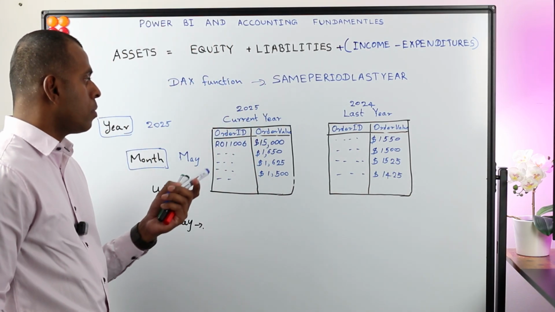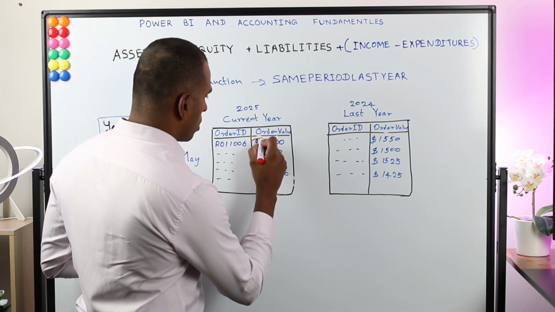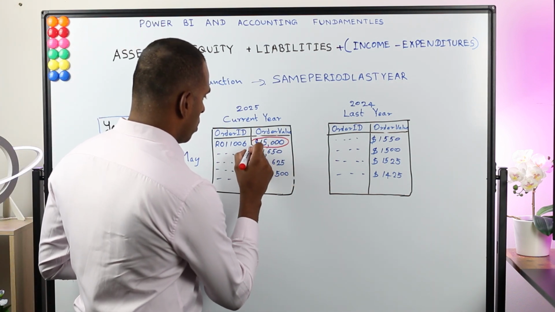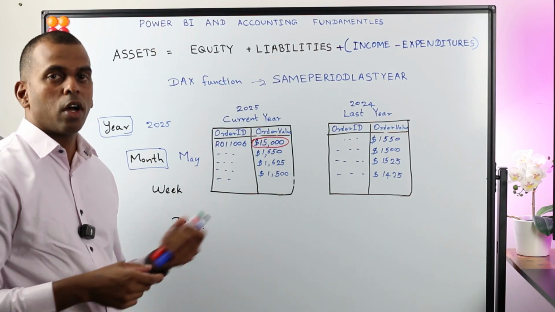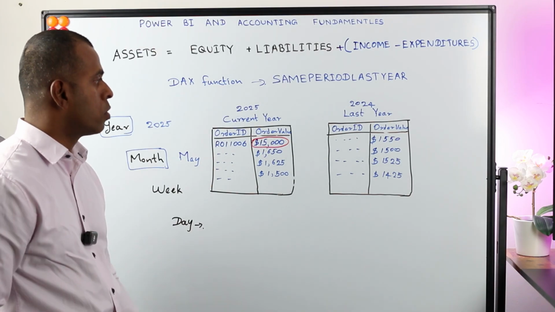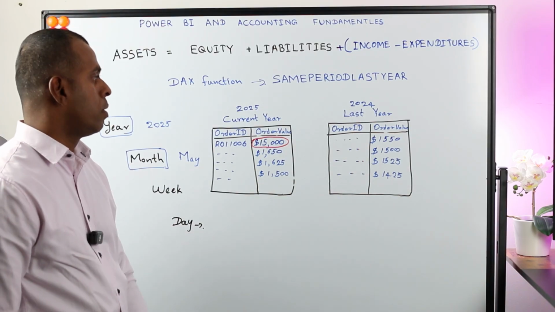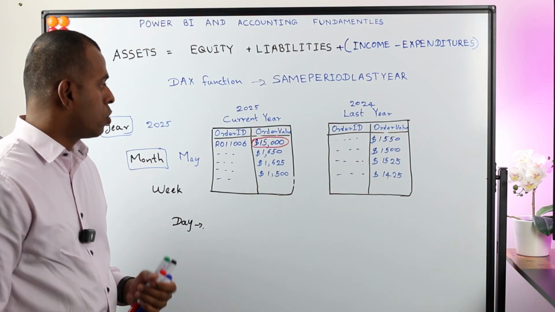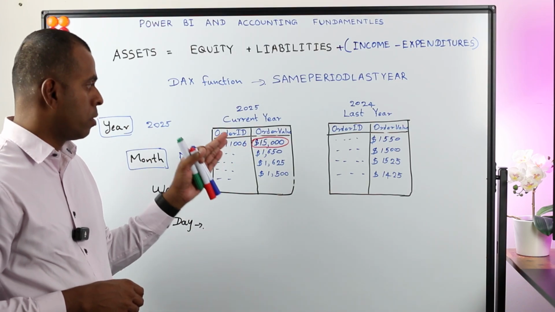Now you notice this transaction is quite, it's not like a normal transaction. It's way higher than most of the other transactions when compared to the last year and this year. So isn't it possible to happen?